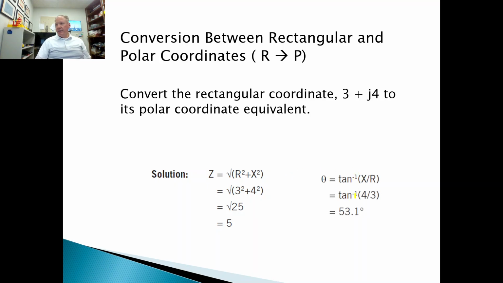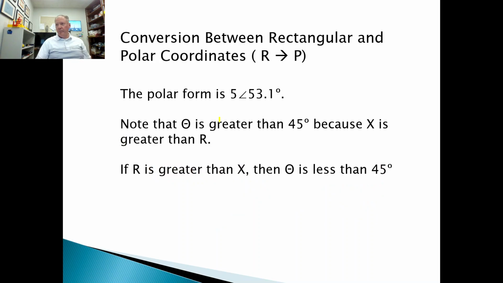It's going to be the inverse tangent of 4 over 3. Remember, it's X over R. So the value would be 5 with an angle of 53.1. Now note that theta is greater than 45 because X is greater than R. If R is greater than X, then theta is going to be less than 45.